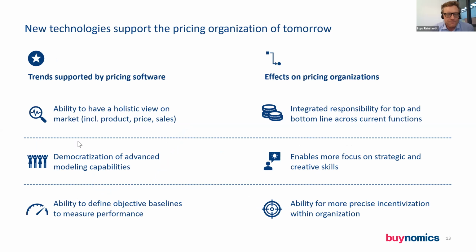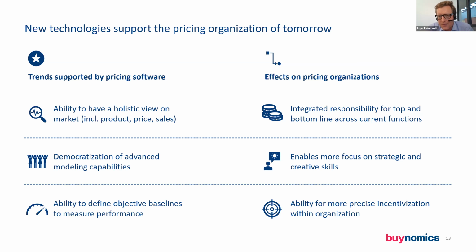So to summarize, I think what we're seeing, and we're looking at this a bit from the technology side, is three key trends that affect pricing organizations. The first one, as we showed, is that technology allows a more holistic view, and allows you to make product, price, and sales volume decisions together.